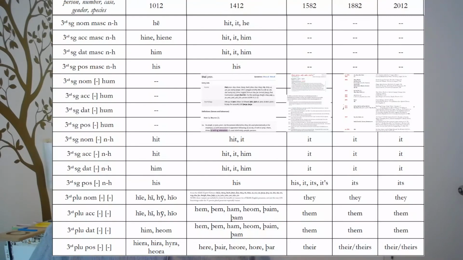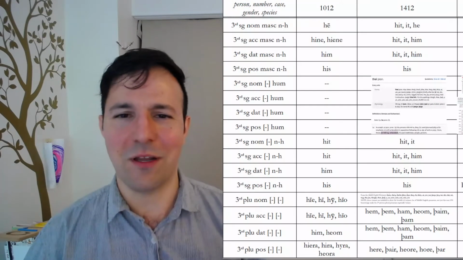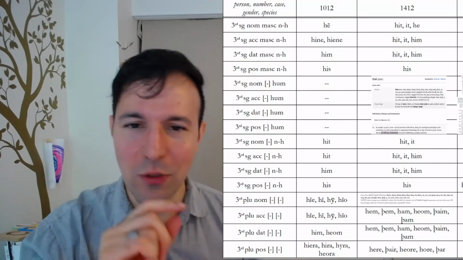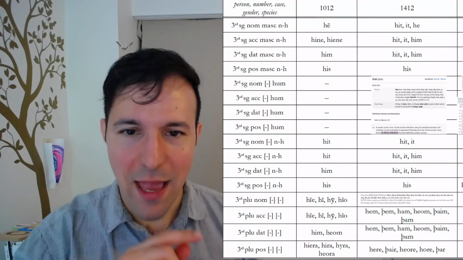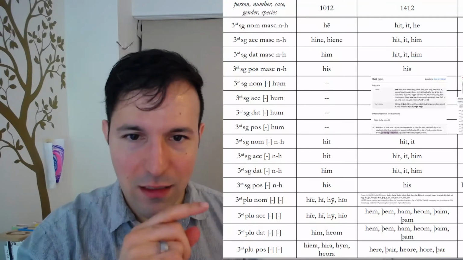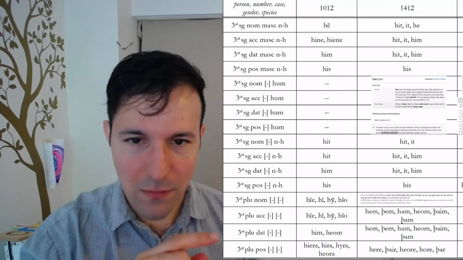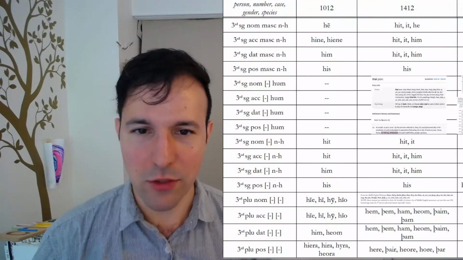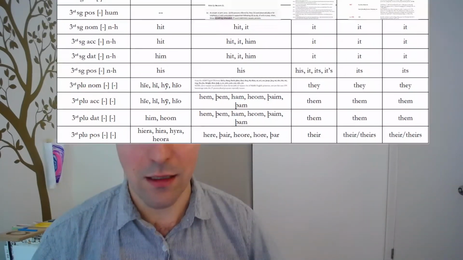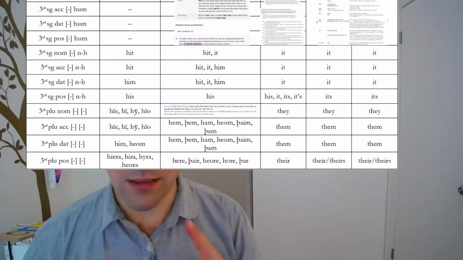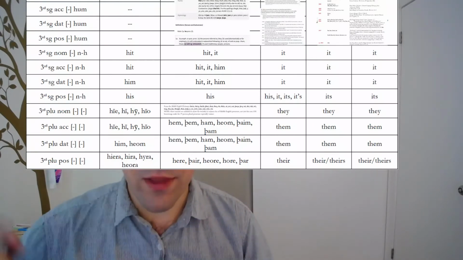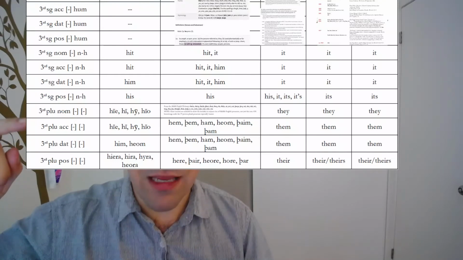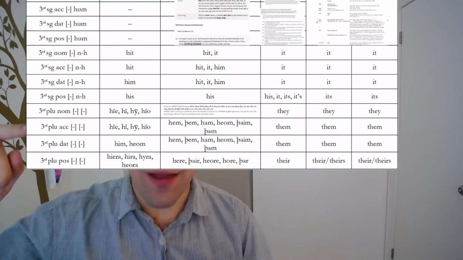And let's look at finally third person plural, which I think I said I was going to do, but I forgot about the non-human version. Third person plural, nominative, accusative, dative, and possessive: hie, him, hiere. That's Old English, with variation widely. And then here, importantly, we'll remember that the third person plural can be they, them, ham, heom.